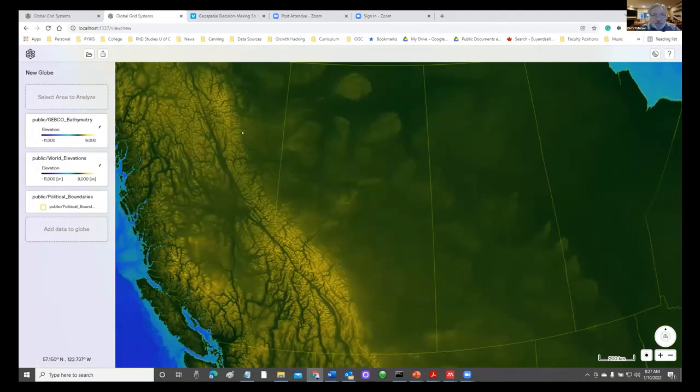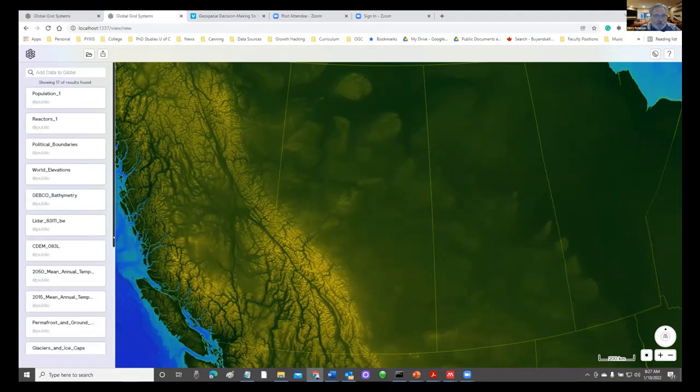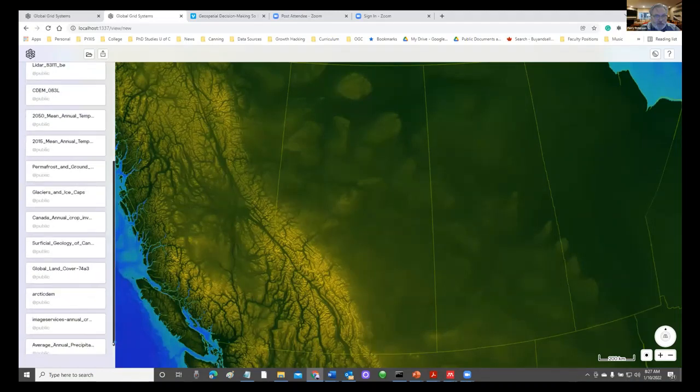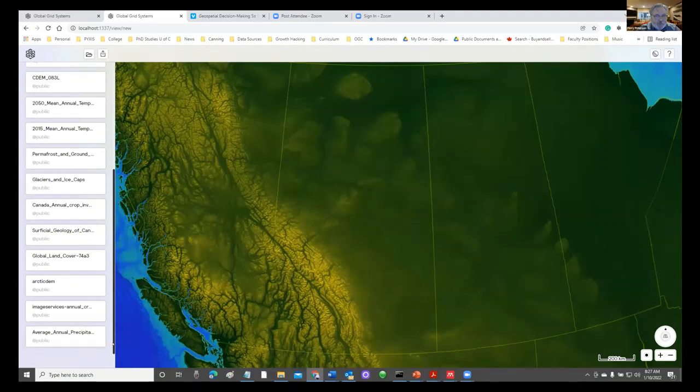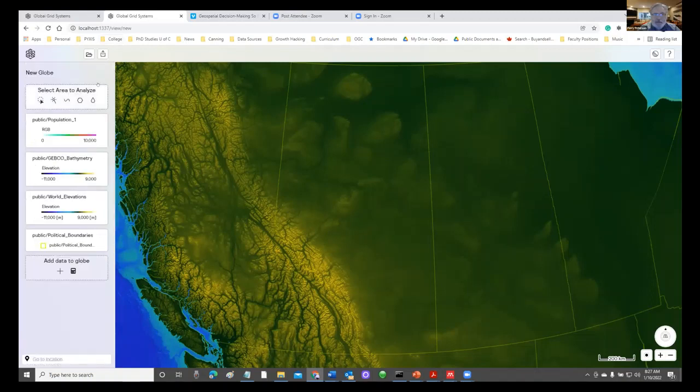Let's think of other data that would be of interest at this regional level. Might be population, one of them. So we'll bring in some population data. Crops would be another one. Maybe some climate type data. So let's start with population. I think I have a population data set here. So this is coming in from Columbia University.